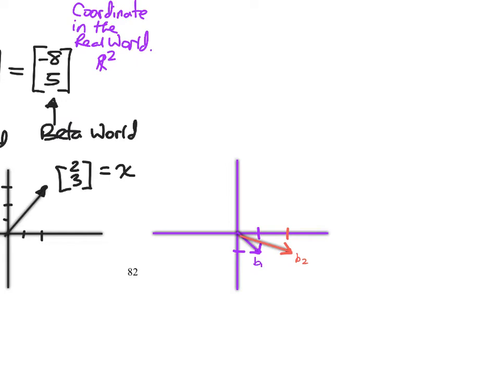When you multiply a vector by a matrix, you're actually not changing the vectors themselves. What you're doing is you're changing the scale around it. Instead of going by i and j, you're going by b1 and b2.